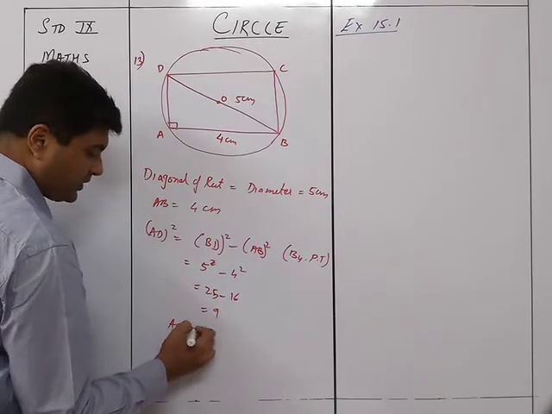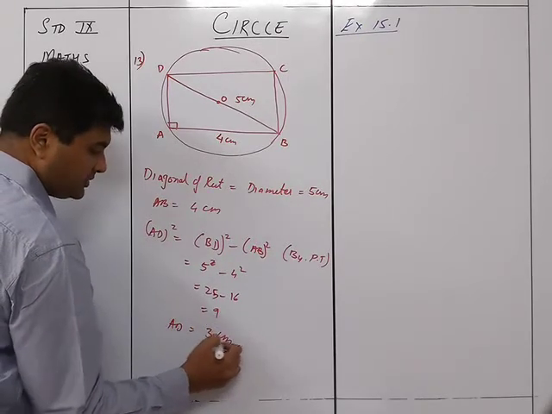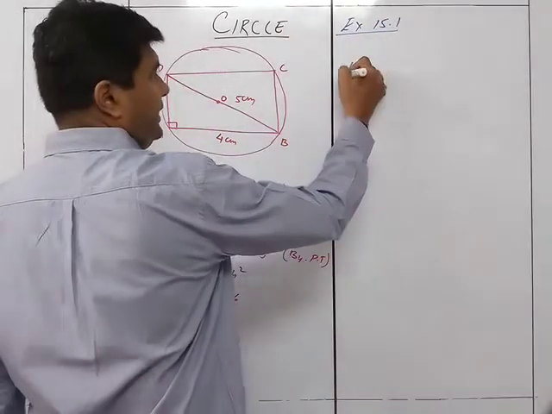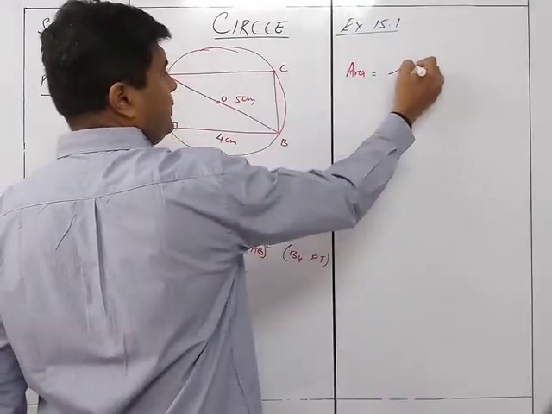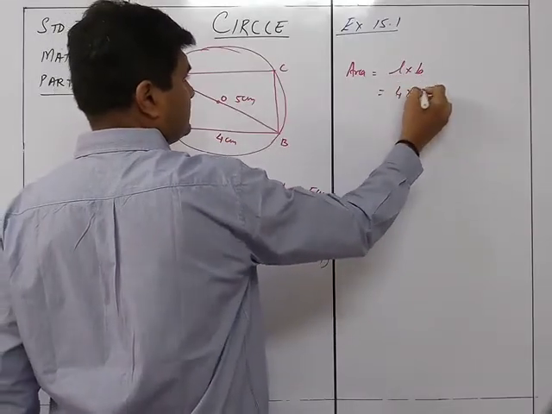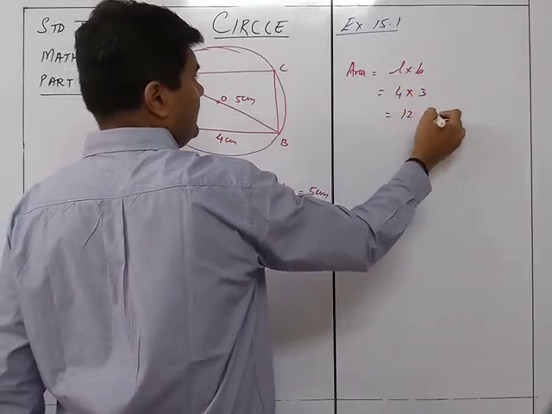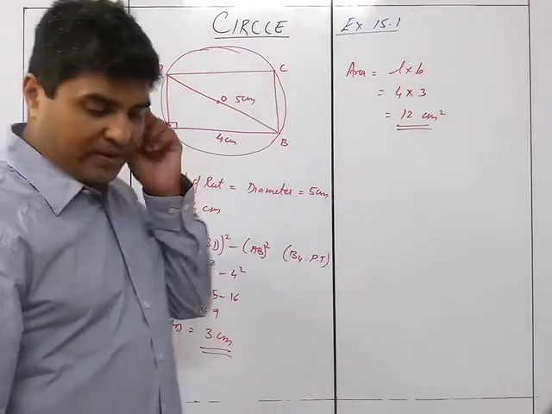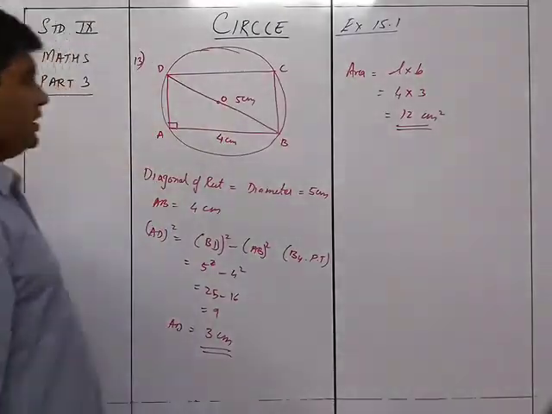So AD is equal to 3 centimeters. The area is length into breadth, 3 into 4, which is 12 centimeters square. So that is the area of the rectangle.